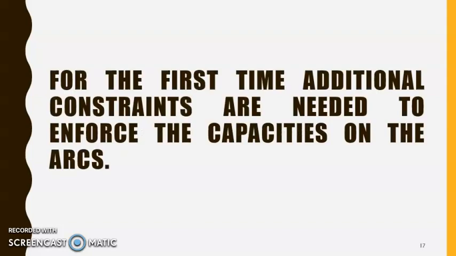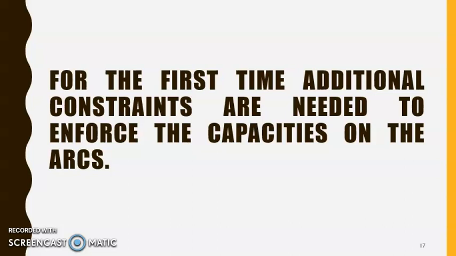But now we are going to also consider some other constraints in this problem. As you can see in the slide, for the first time, additional constraints are needed to enforce the capacity on the arcs. Because so far, the numbers on the arcs were all related to the objective function.